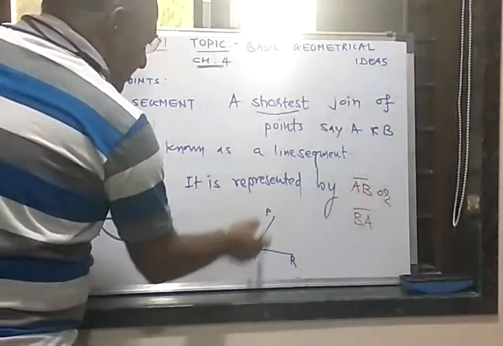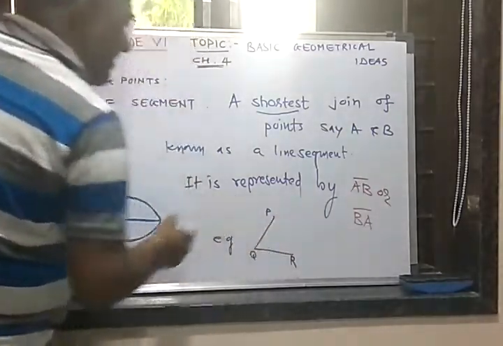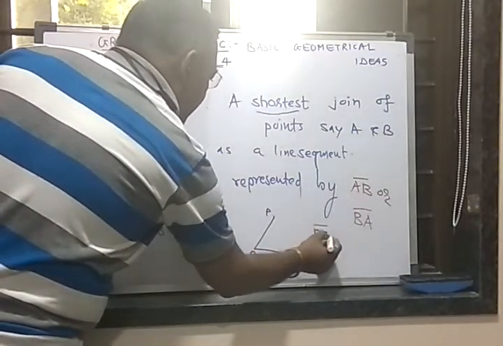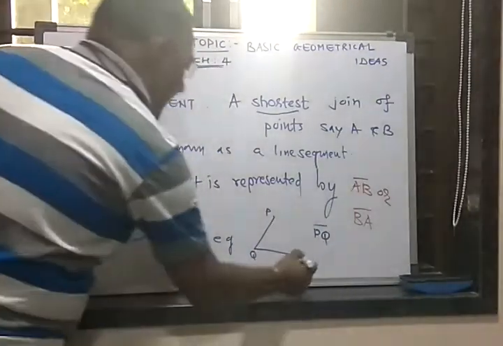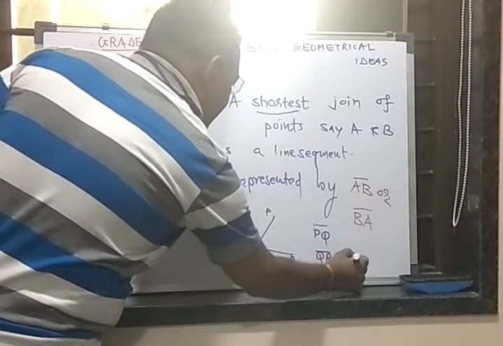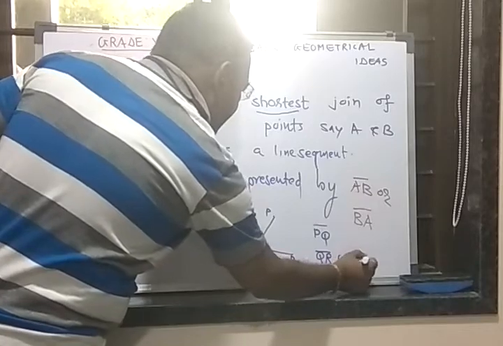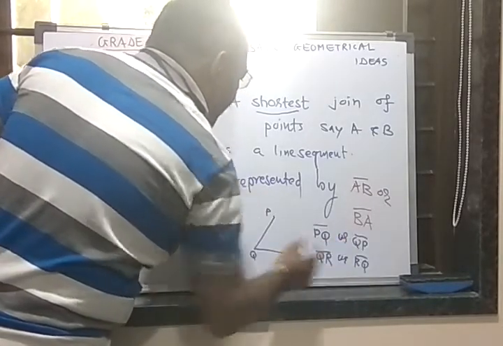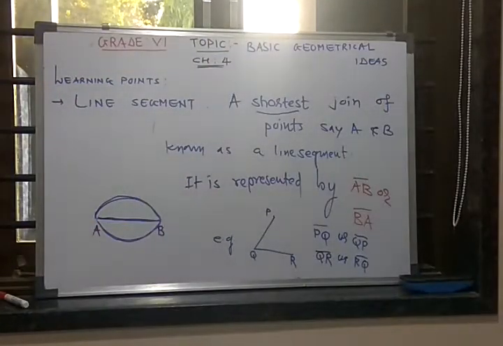So here two line segments we can find, line segment PQ and line segment QR, or you can say line segment RQ or line segment QP. So this is the concept of line segment.